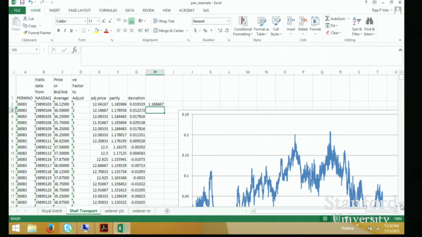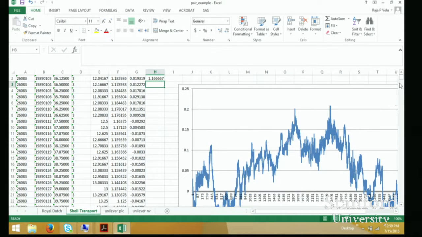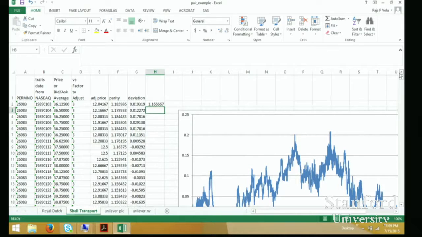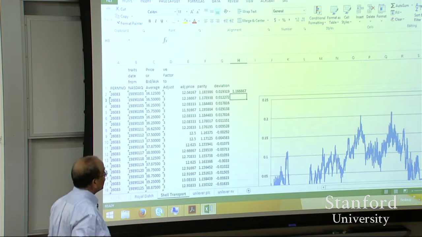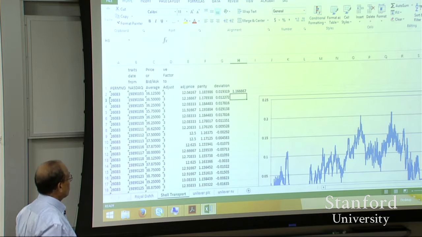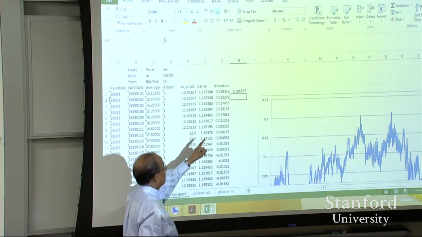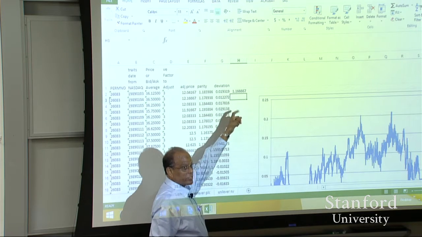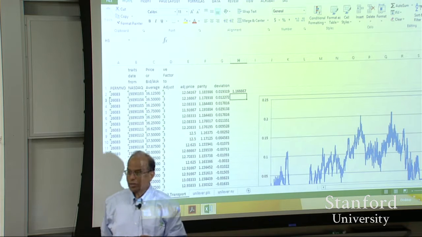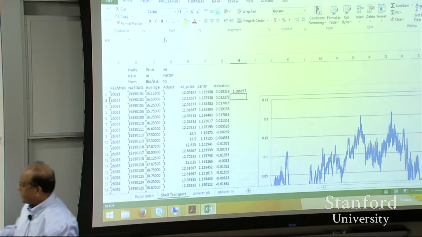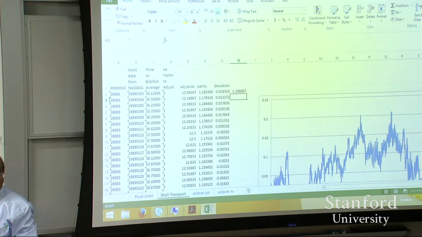And when I talk about theoretical parity, that is the parity that is given here. You can see 1.18 and so on. That is the observed parity, and the theoretical parity is supposed to be 1.1667. So that is the parity that I am talking about, 1.167.